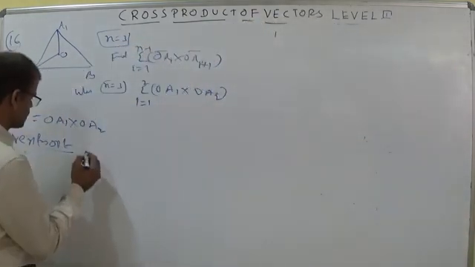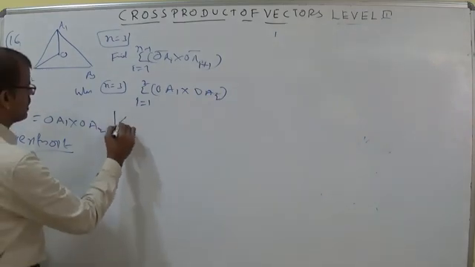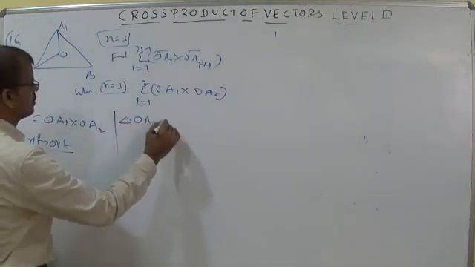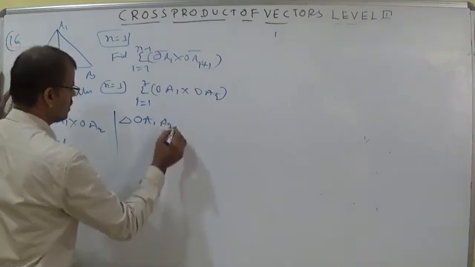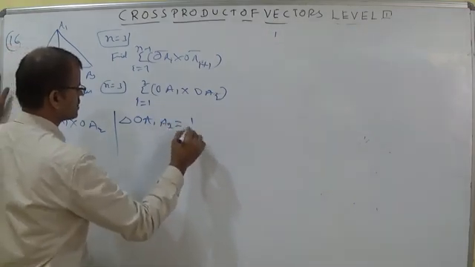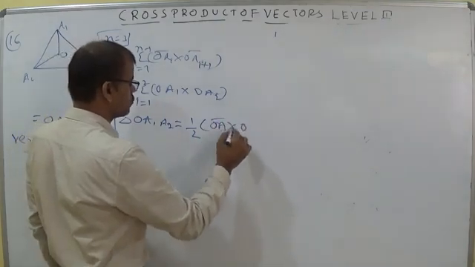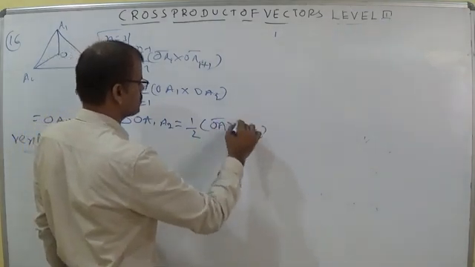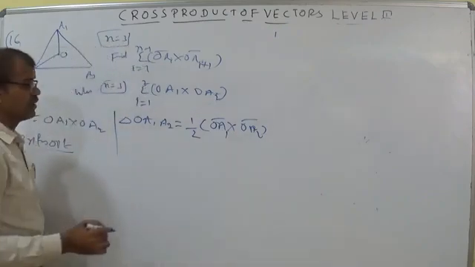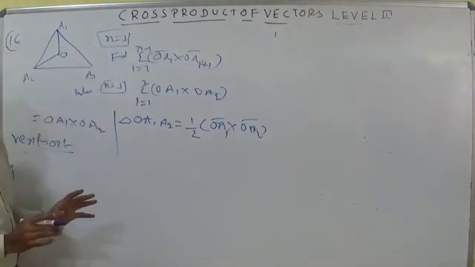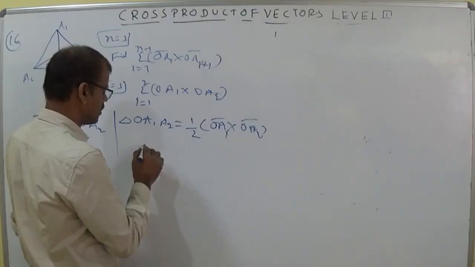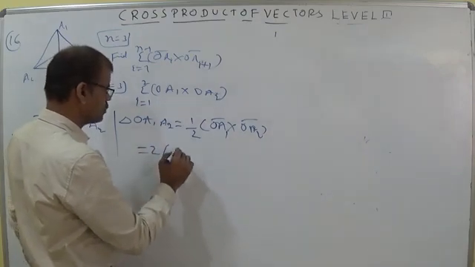So how can you say? Let us discuss the area of triangle OA1A2. Regarding the area of a triangle, the formula is 1 by 2 into OA1 cross OA2. It is nothing but delta.